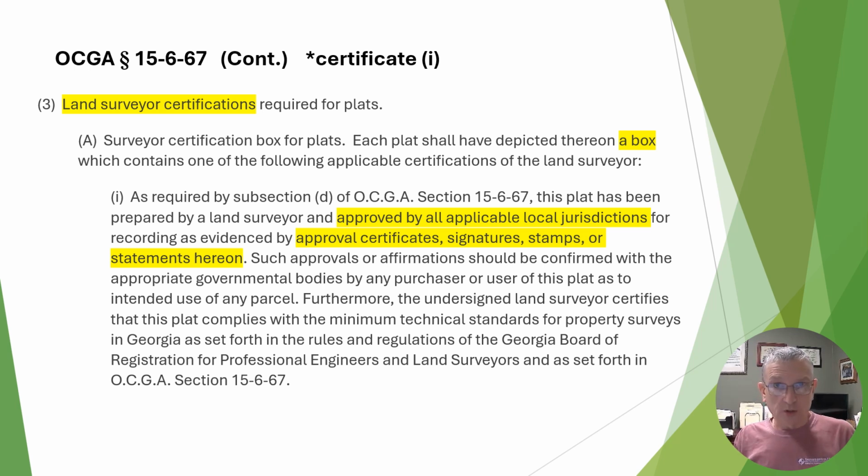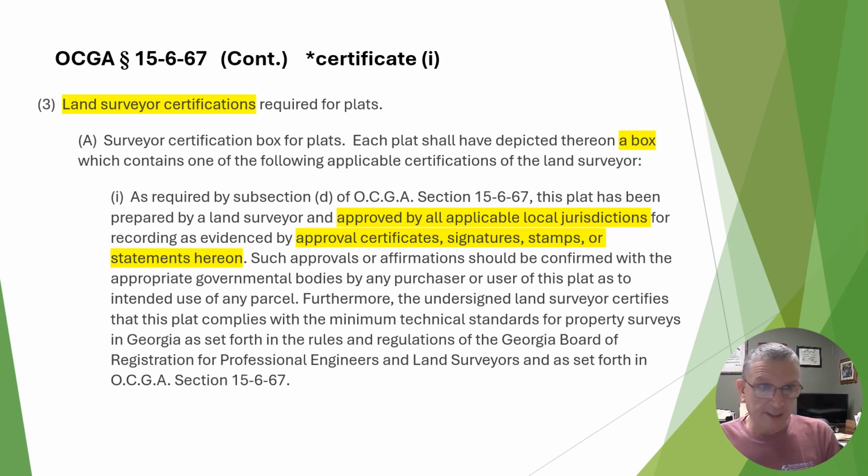Certification 1, or little i in the legislative world, is for a plat that has been prepared by a land surveyor and has been approved by all the applicable local jurisdictions, as is evidenced by the certificate, signature, stamps, and statements hereon. In other words, there's a signature placed on a piece of paper or a PDF somewhere. The approvals are placed there after the surveyor issues the plat.